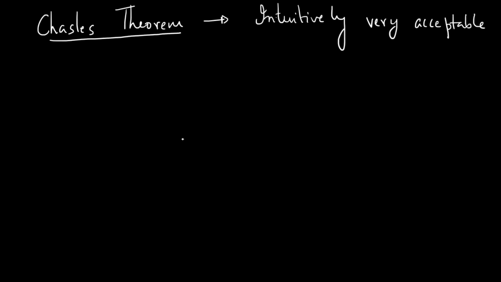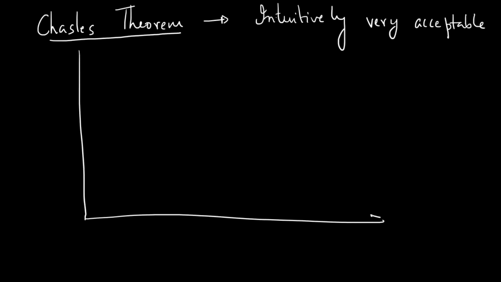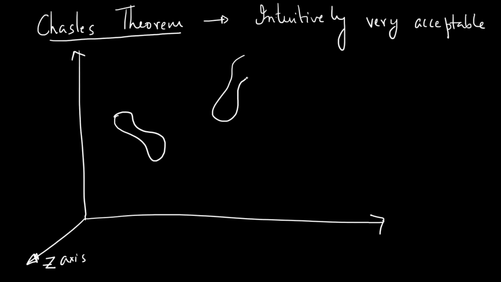So it goes like this. You are an observer in an inertial frame. Let's say it's fixed, and this is the z-axis, and you're observing this fixed axis rotation. There's this baton which is going around, at different instants of time.